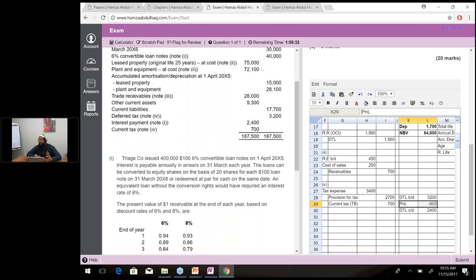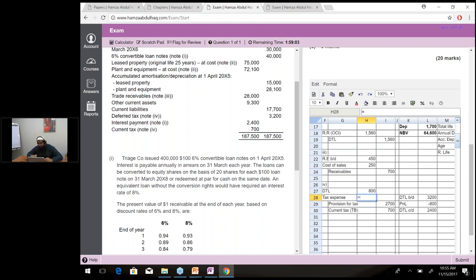Yes, Hamza, you can use the word tax payable instead of provision. So a decrease in liability would mean that I should be debiting the deferred tax liability. So I'm cutting this. I've used Control X and then Control V. So the deferred tax liability should be debited by 800, and my formula has stopped working because I have changed the sequence.